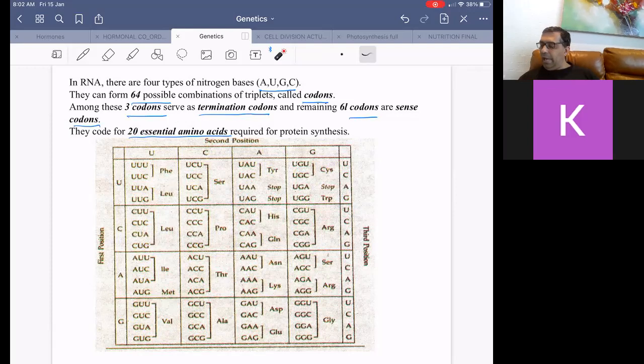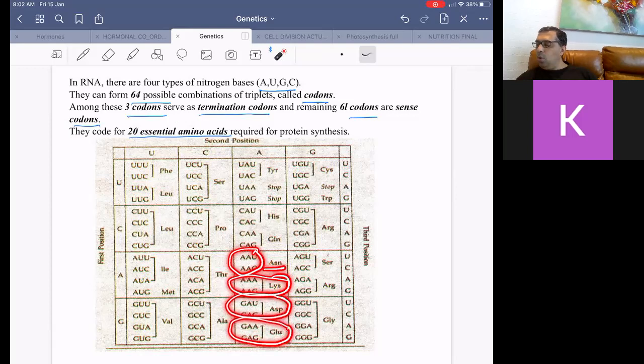And similarly, for phenylalanine 2, for tyrosine 2, for histidine 2, for glutamine 2, for asparagine 2, for lysine 2, for aspartic acid 2, for glutamic acid 2, for cysteine 2.